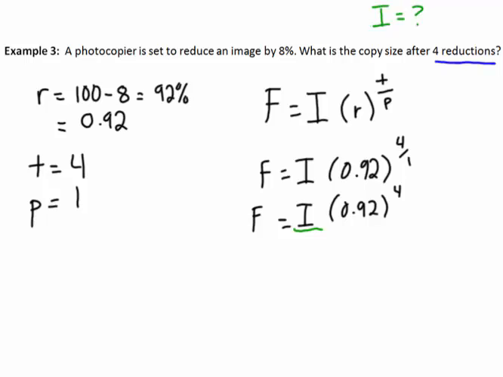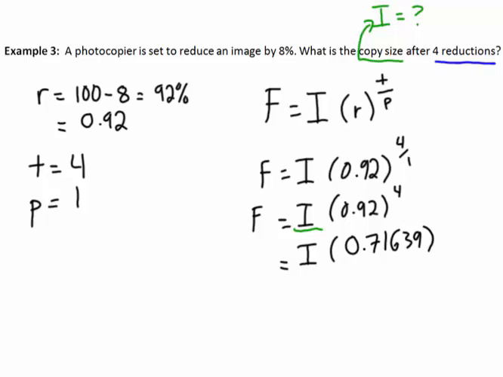But we want to figure out what is the copy size in relation to the original I. Well, doing that, if the original was I, we can find out what this number is, and we just take 0.92 to the 4 and fire it in your calculator, and we'll get 0.71639.